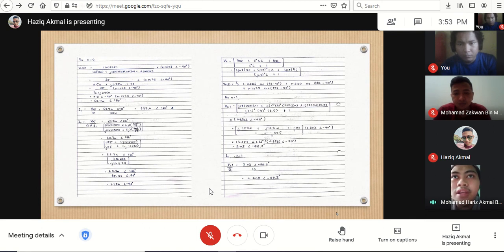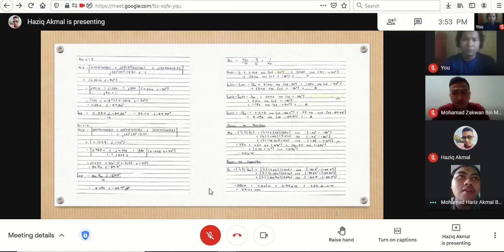For VC, when n equal to 1, we will get 2.03 angle negative 88.3 degree. And for the IS, by using the formula VC over R1, we will get 0.203 angle negative 88.3 degree. For n equal to 3, we get 0.234 angle negative 89.82 degree.